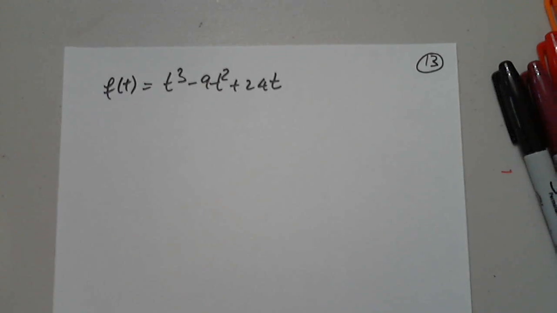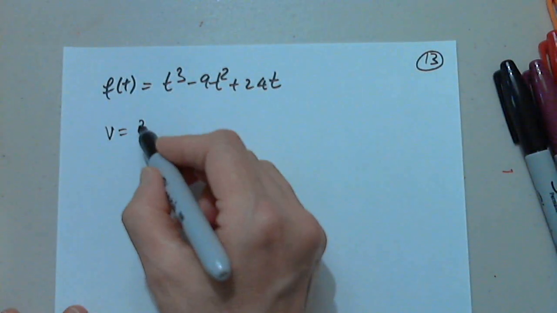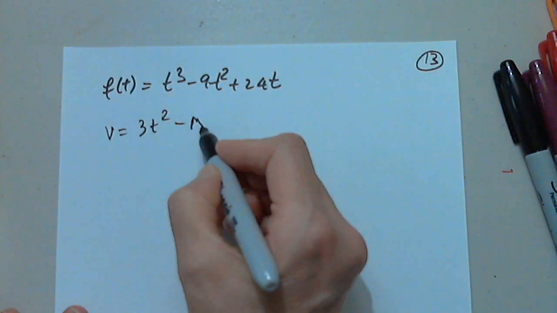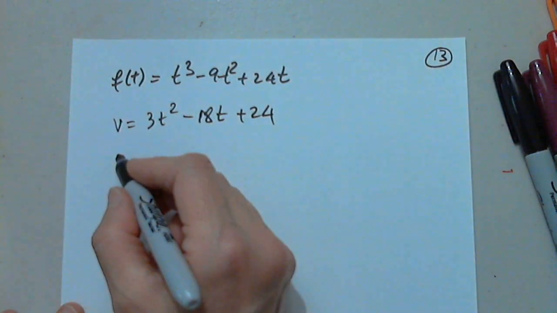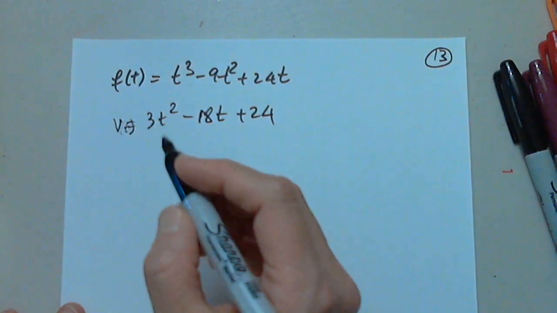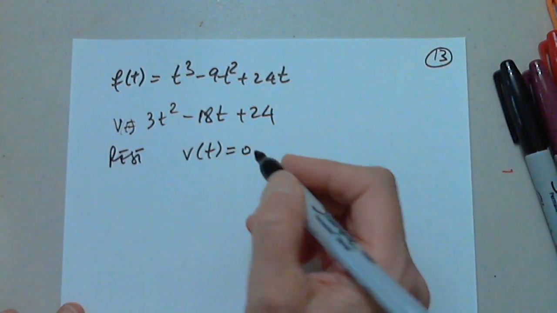That's all I need. Here it is for 0 to 6. For the velocity, we have to find the derivative. This is 3t squared minus 18t plus 24, so this is v of t. At rest, I have to set v of t equal to 0.